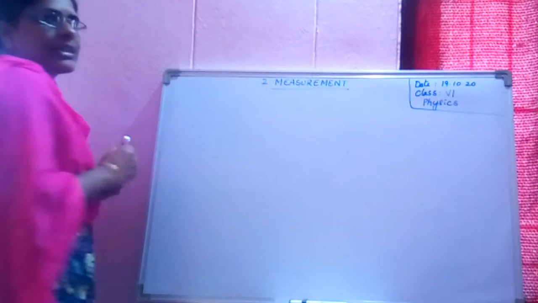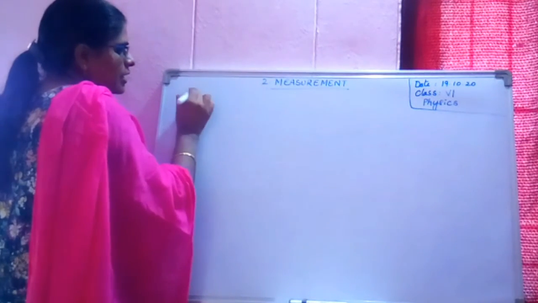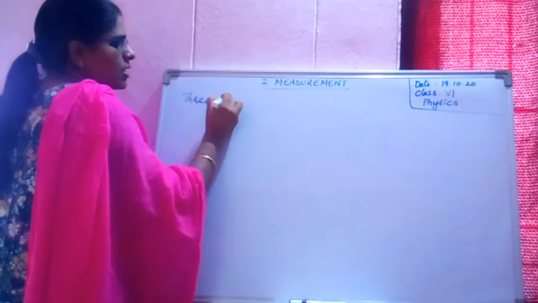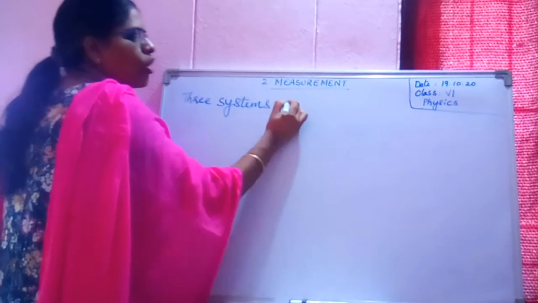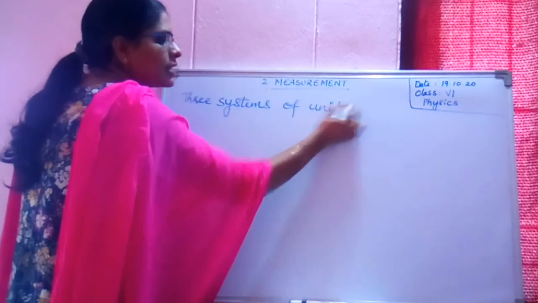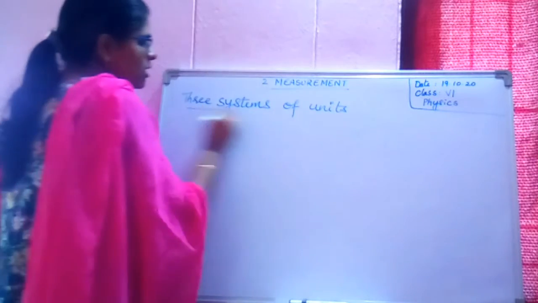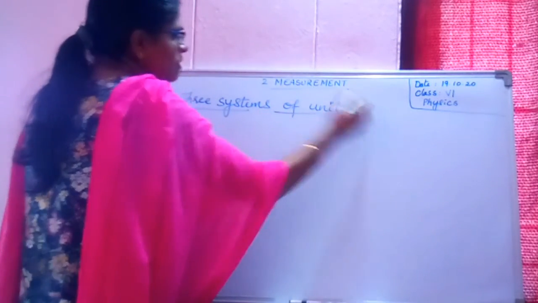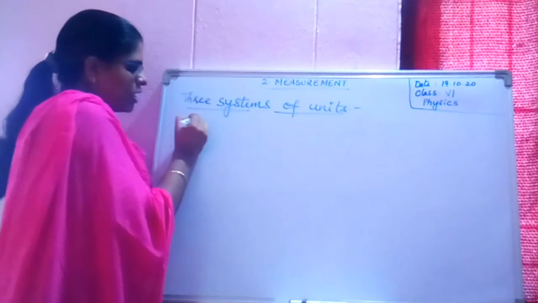Hence, scientists have introduced 3 systems of units. There are 3 systems of units. Look here, children, these are the starting ones. You must know them.